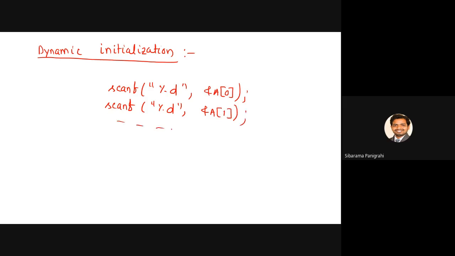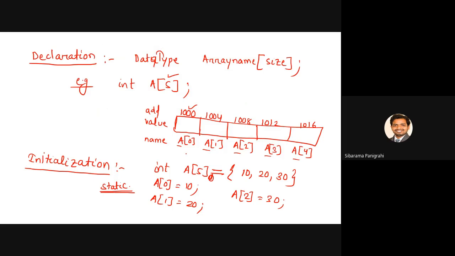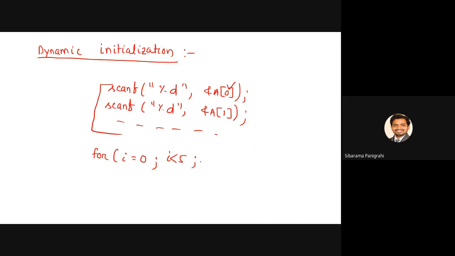Similarly, instead of writing like this, you can use a for loop: for i equal to 0, because you are starting from 0, i less than 5, because the last index is a[4], right? Then i++, and within this you can write scanf("%d", &a[i]).